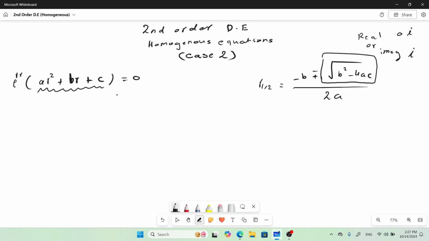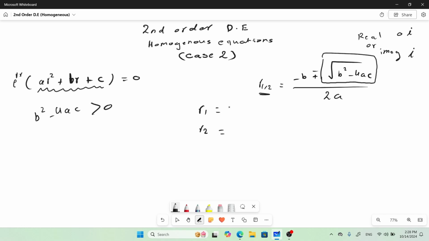Now in the last video we discussed case 1. If b squared minus 4ac is bigger than 0, what that means is the two roots, r1 and r2, are real numbers that differ in value.